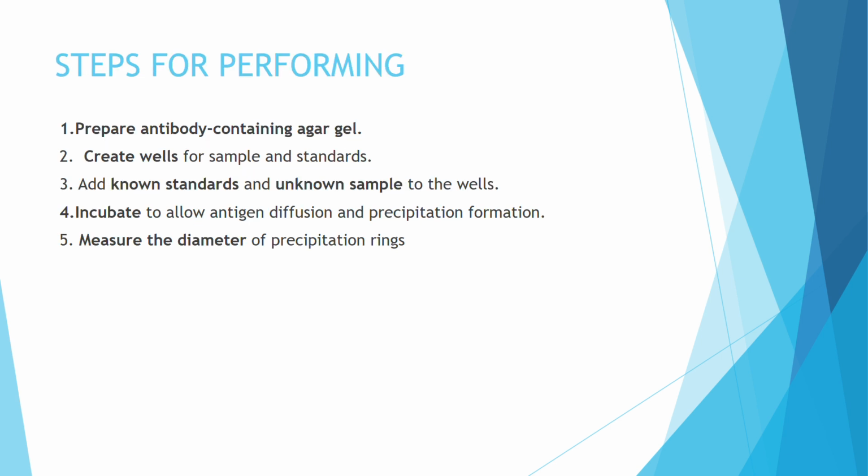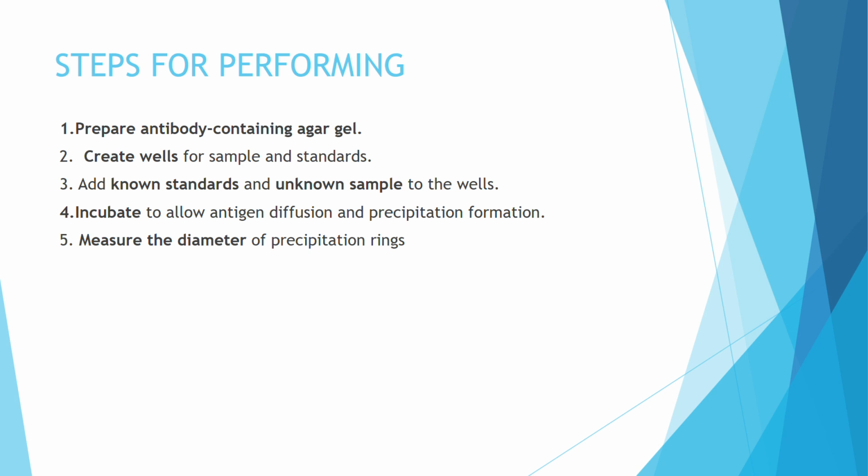Here are the steps. First, prepare antibody-containing agar gel. Secondly, create wells for samples and standards. Thirdly, add known standards and the unknown sample to the wells. Fourth, incubate to allow antigen diffusion and precipitation formation.